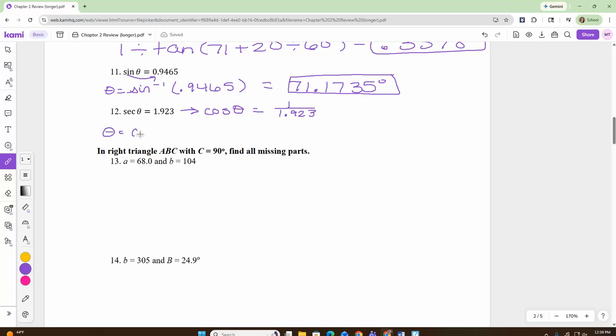So to find the angle, we do cosine inverse of 1 over 1.923. And if you do that, again, it's an angle, so we get 58.6664. Oops, I missed a 6. 3 6s and then a 4.